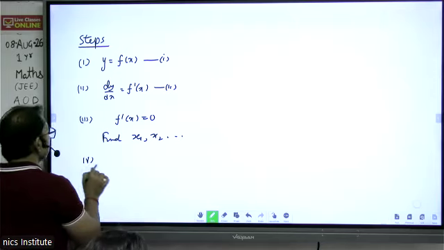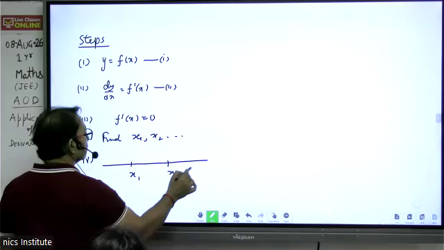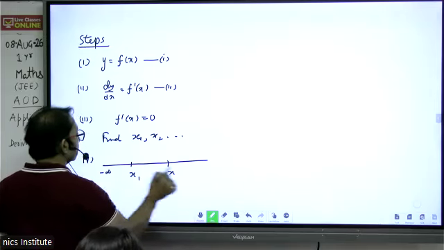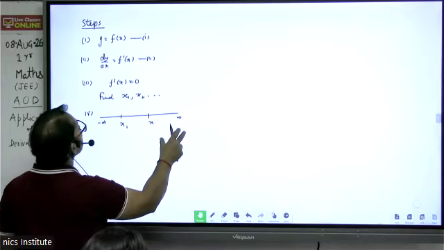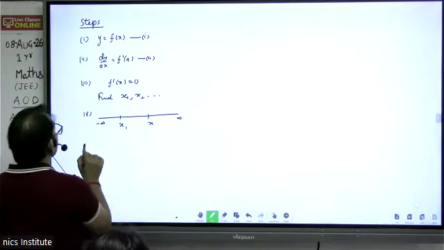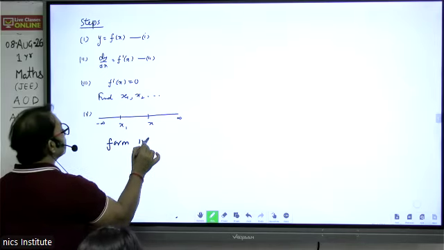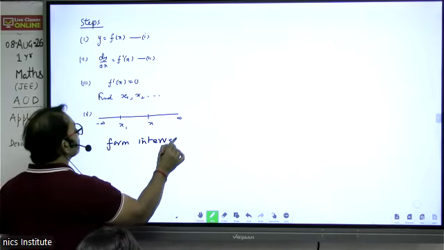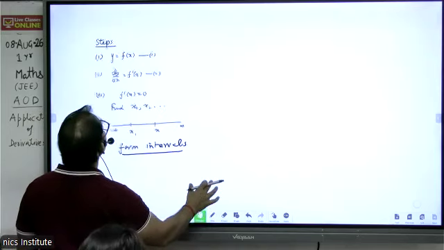Fourth step would be plot a number line, and then form intervals. You can do it in one step once you understand, then you can use only one step.